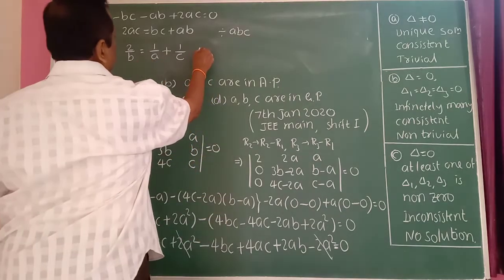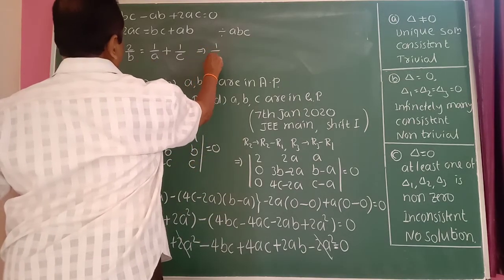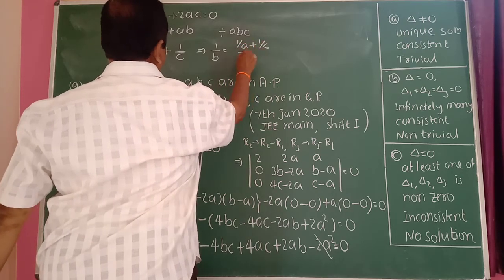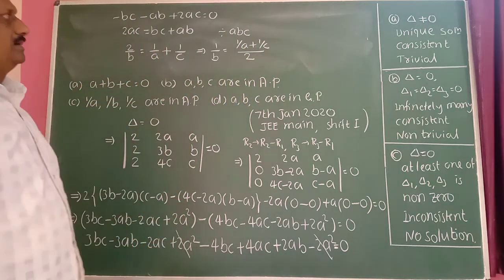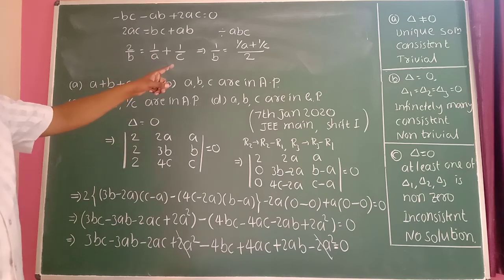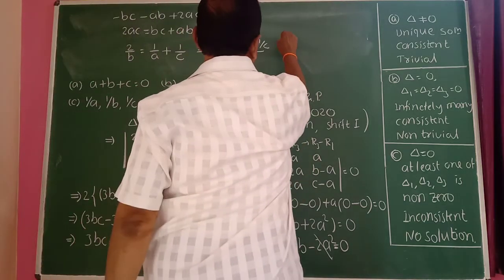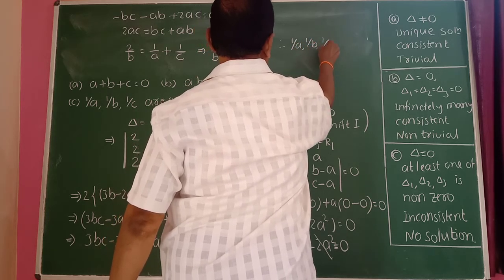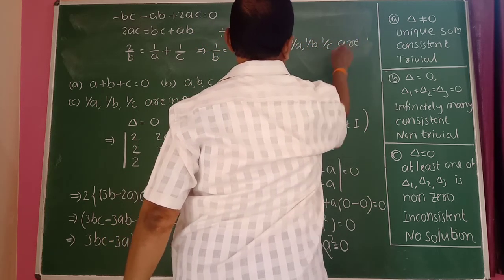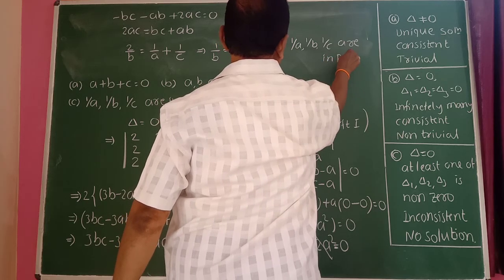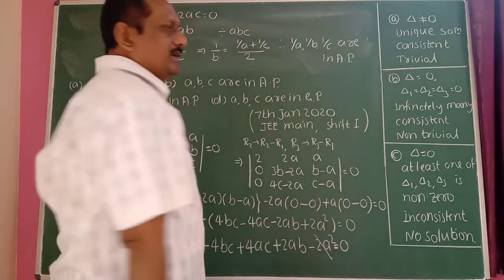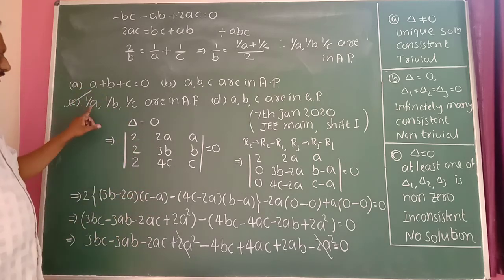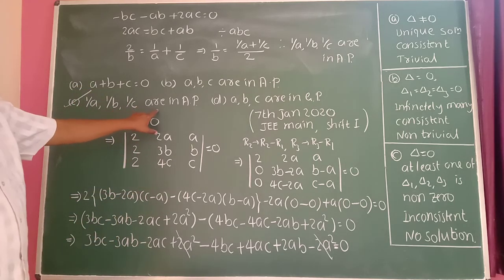Therefore this can be written as 1 upon b is equal to (1 by a plus 1 by c) divided by 2 here. Just cross multiply. Then this is the arithmetic mean here. Therefore, we can write 1 upon a, 1 upon b, 1 by c are in AP, according to the arithmetic mean formula. Therefore, the third option is correct here: 1 by a, 1 by b, 1 by c are in AP.